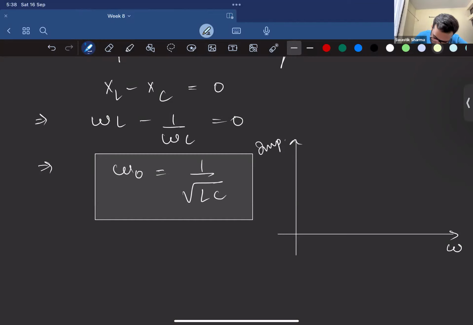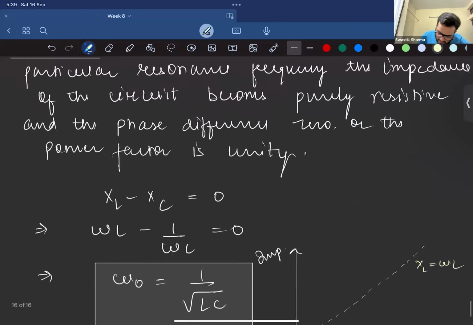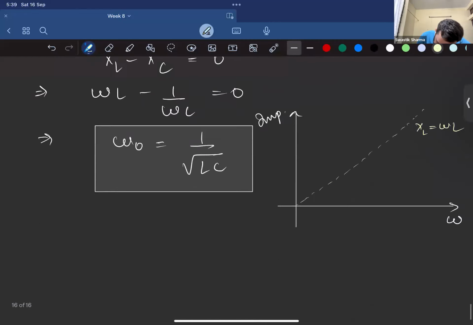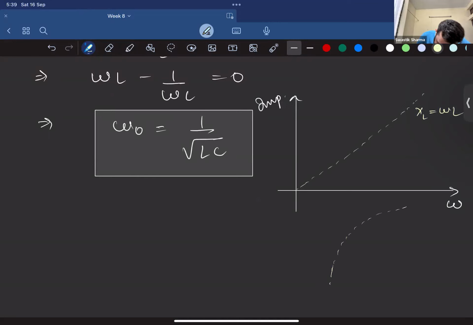That means omega L. Now for XC, what would happen? Since it's in negative terms, XC is being negated from XL, right? And since it's 1 upon omega C, it would be something like this.